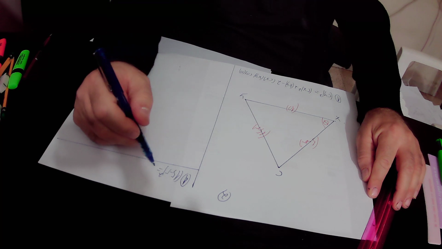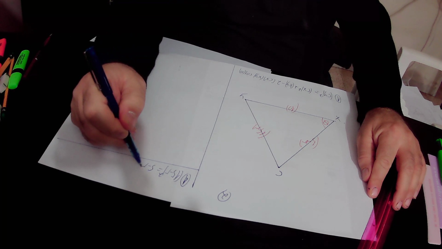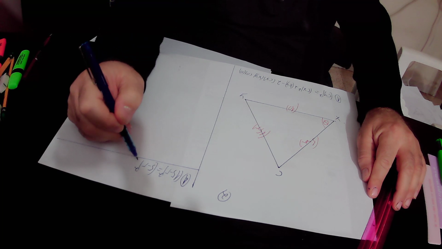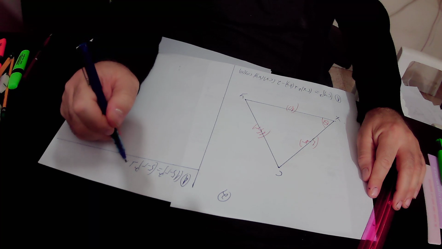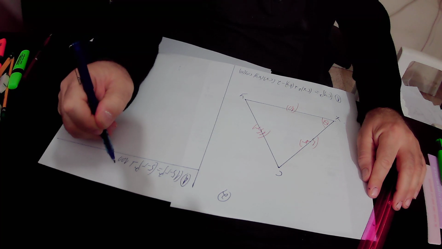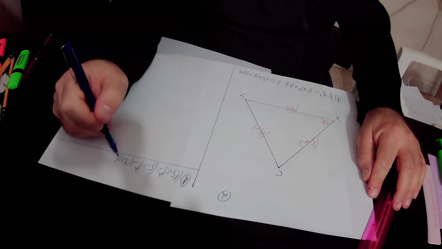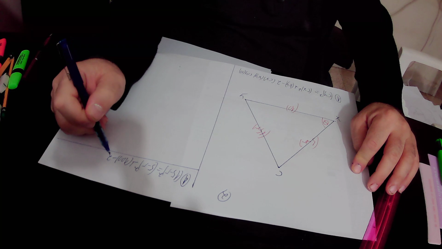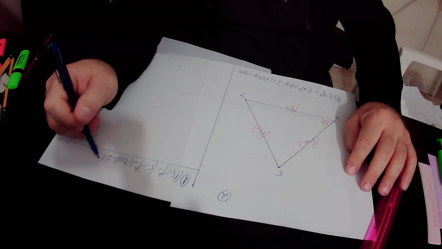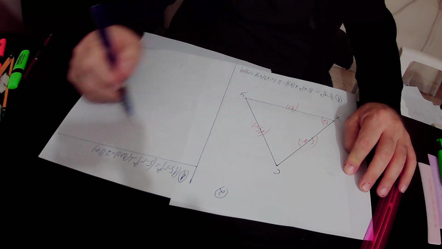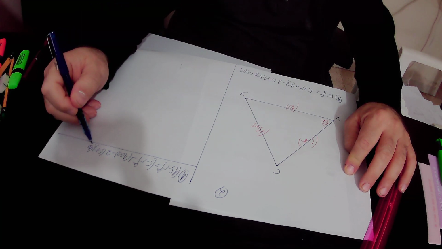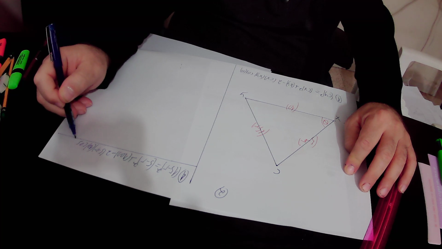CX equals (5 plus r) squared plus XY squared. XY equals 10, so XY squared equals 10 squared, that is 100. Minus 2 times CX, which is 5 plus r, times XY, that is 10, times cosine theta.